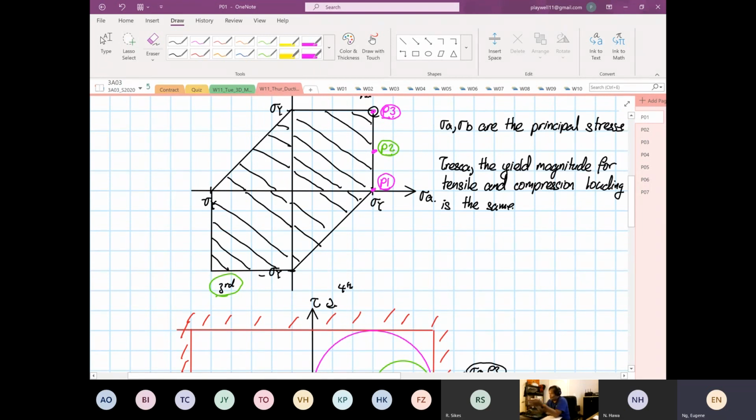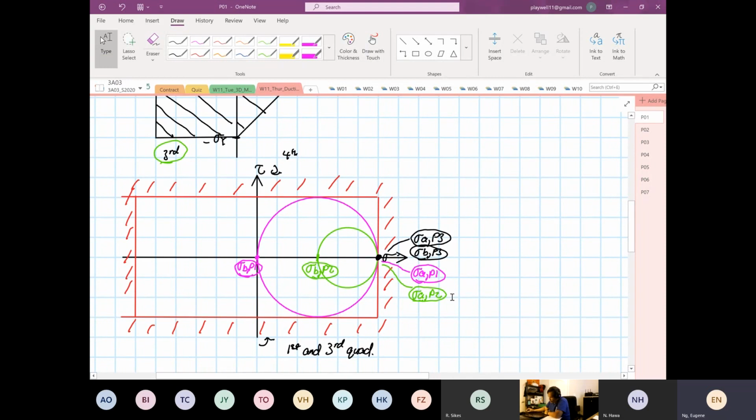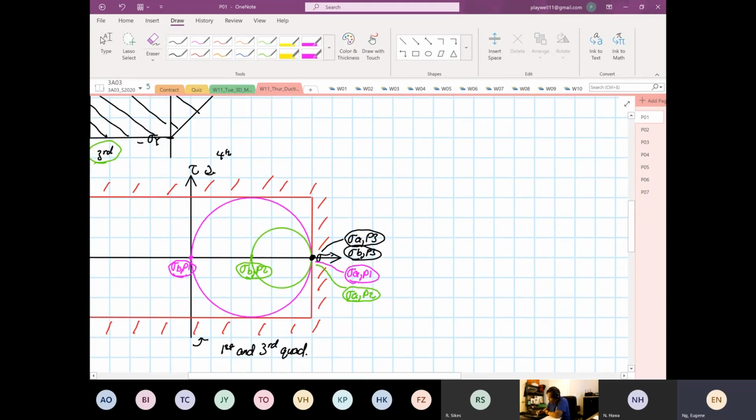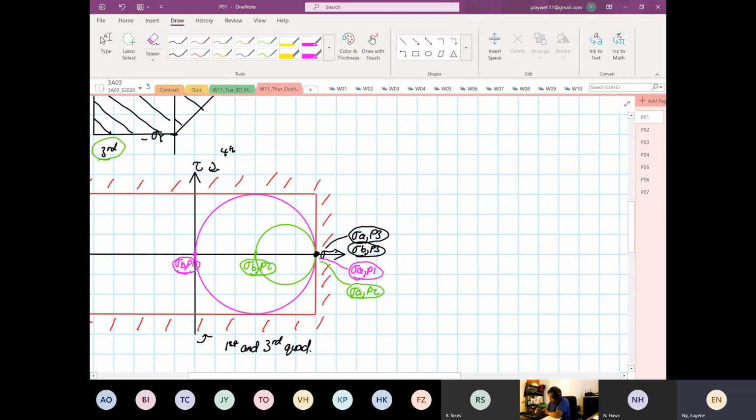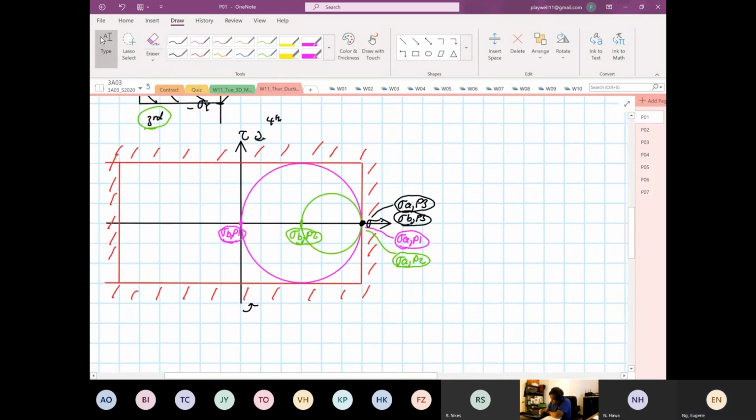Okay. Now, let's look at the second and the fourth quadrant. So I'm going to sketch the same thing. So this one is for first and third quadrant.